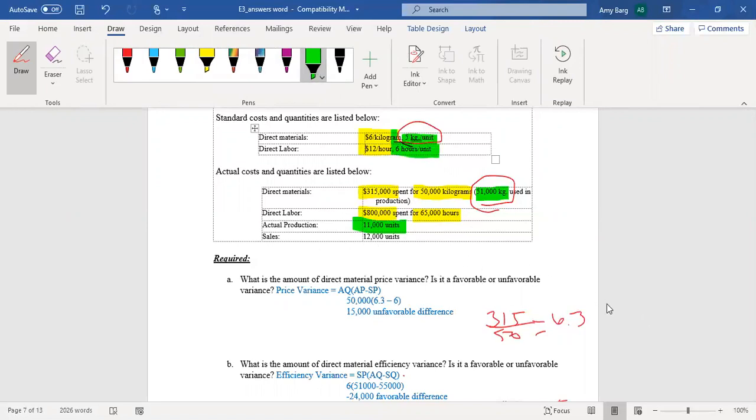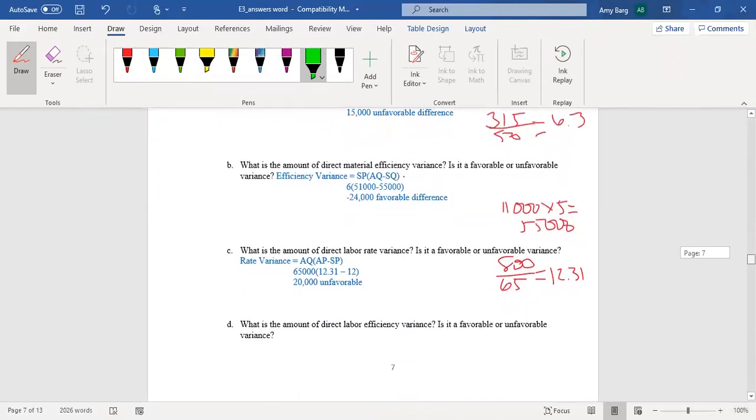And we know that there were 11,000 units produced. So if we multiply the 11,000 units produced by 6 hours per unit, 11,000 times 6 is 66,000.